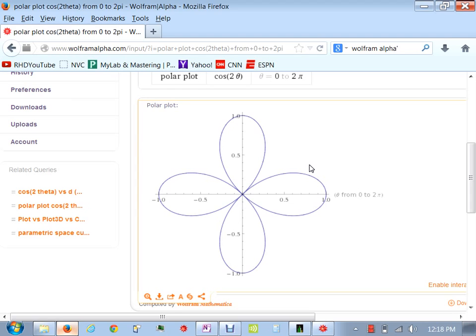So this leaf, since it's cut in half, would be 45 degrees, right? That's 90, this would be 135. So this is your pi over 4, and this would be 3 pi over 4. So you'd integrate from pi over 4 to 3 pi over 4. Does that help? Yeah. But you'd have to recognize that.